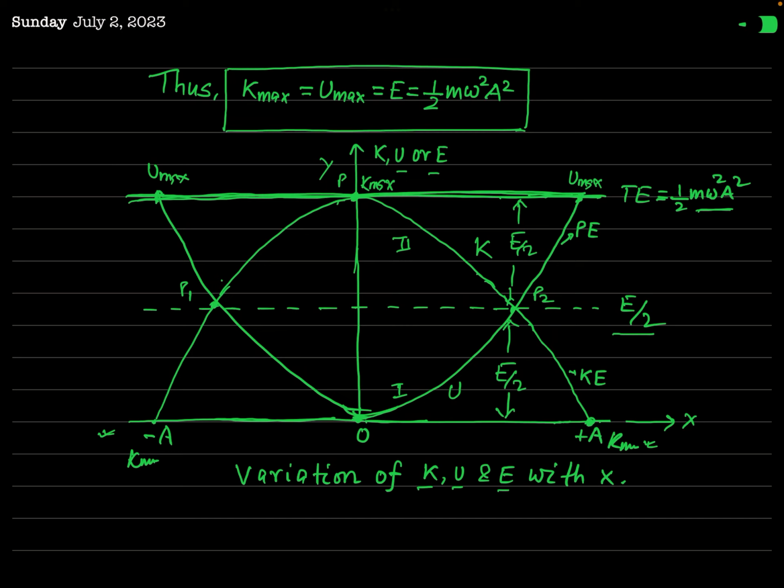So at this point of intersection, kinetic and potential energy both will be equal to half of the total energy. I have mentioned it in this figure. So how K, U and E vary with x, you can see in this figure.